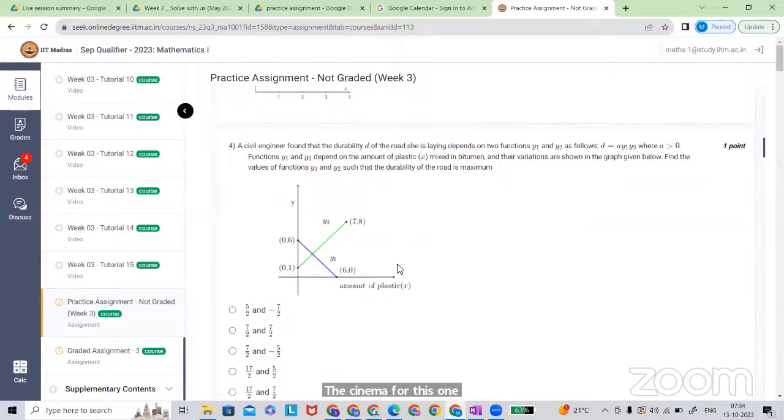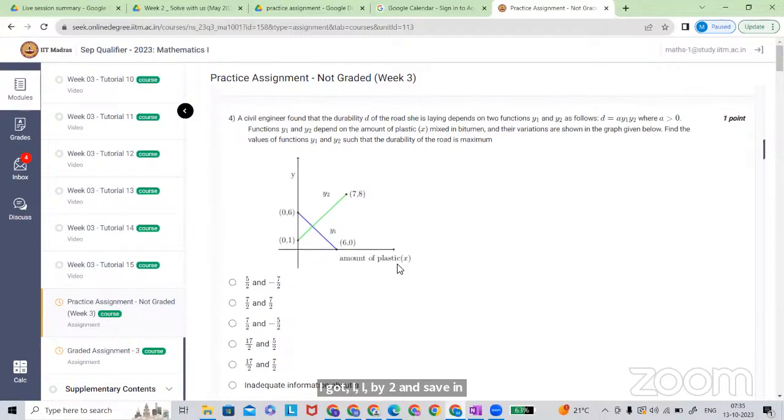What is your doubt here? Sir, I got the answer 5 by 2 and 7 by 2, not minus 7 by 2. Do you understand how to solve this problem? It is easier, no? You just need to calculate the equation of this line and multiply here.